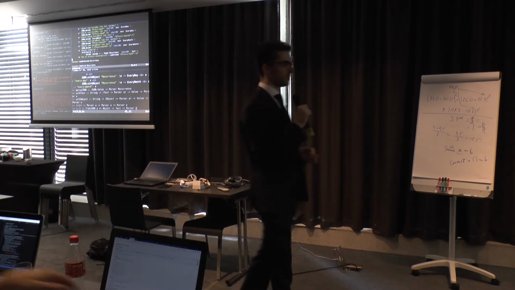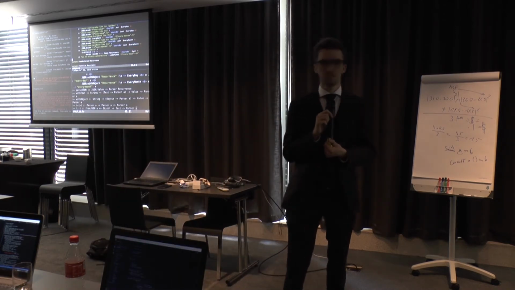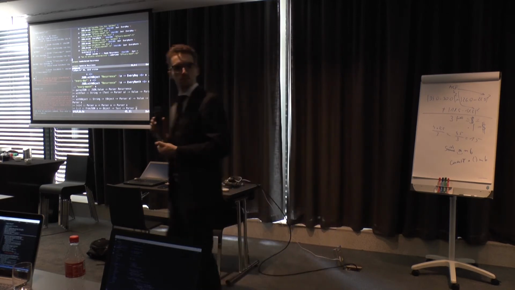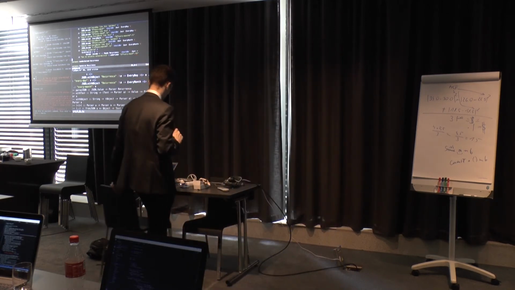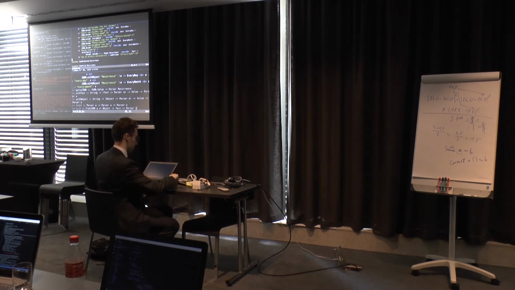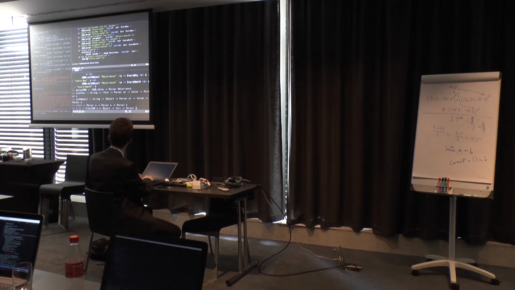Alright, has anyone written a regression test? 1, 2, 3. Alright, let's see if we can write it. What we'd like to be able to say here is that if you JSON.decode this, if it's nothing, then you should fail.